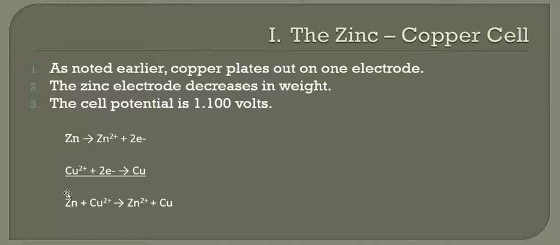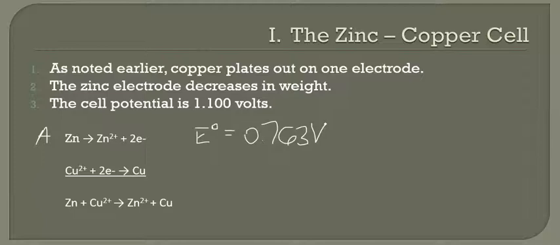So now that I know copper is 0.337, we can look at the zinc copper cell, and as noted earlier, copper plates out on one electrode. The zinc electrode decreases in weight. At the anode, zinc goes to Zn2+. Standard reduction potential is 0.763 volts.